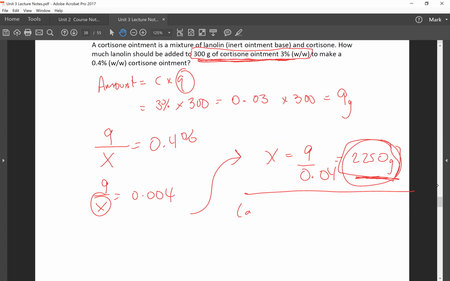So the amount of lanolin added is going to be 2,250 minus 300. So that's where I get my answer. Subtract 300 on my calculator: 1,950.